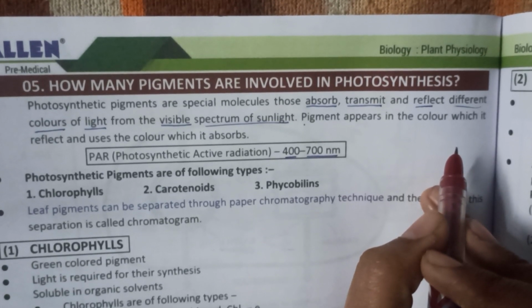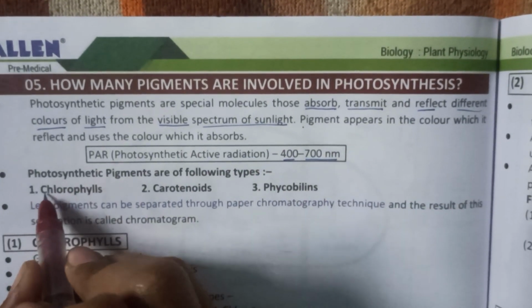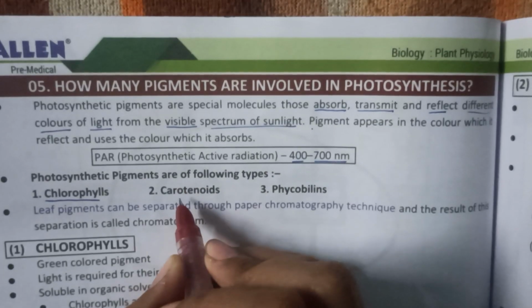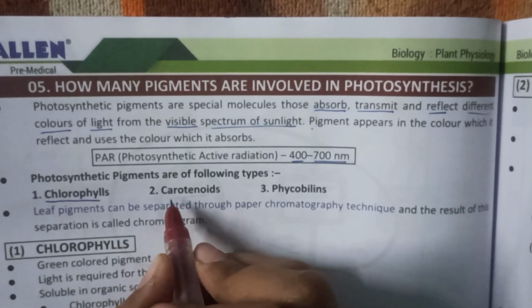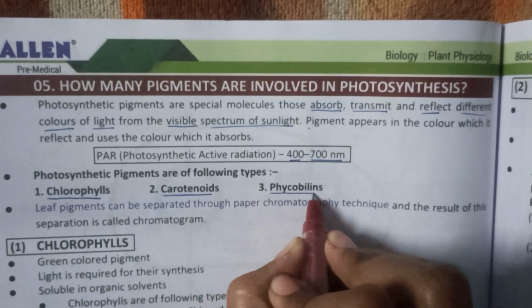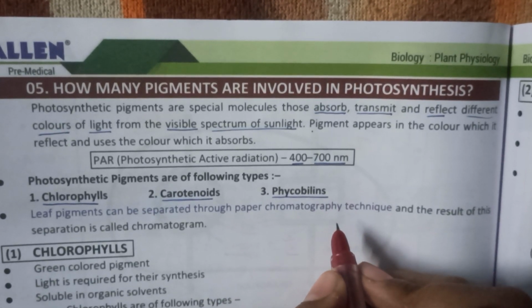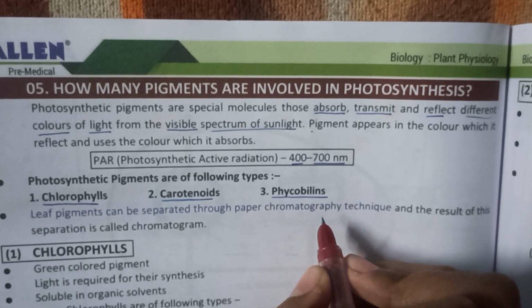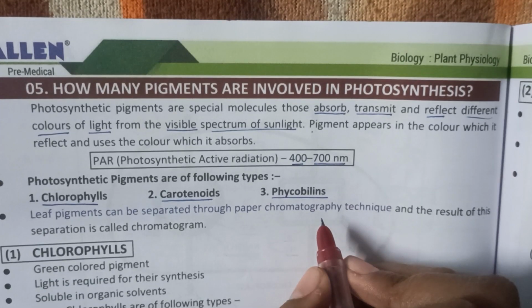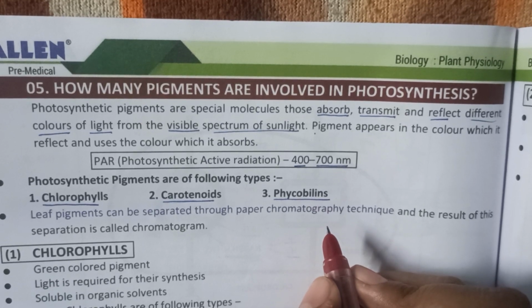So these photosynthetic pigments are of the following types: chlorophylls, chlorophyll A, chlorophyll B, carotenoids, some xanthophylls and phycobilins. These are the various pigments involved in the process of photosynthesis. Bacteria like prokaryotes do not have chloroplast, but they also do photosynthesis with the help of these pigments.